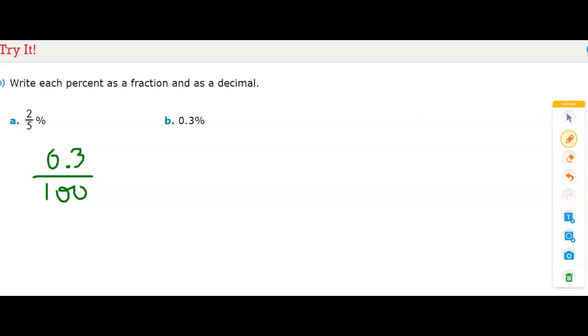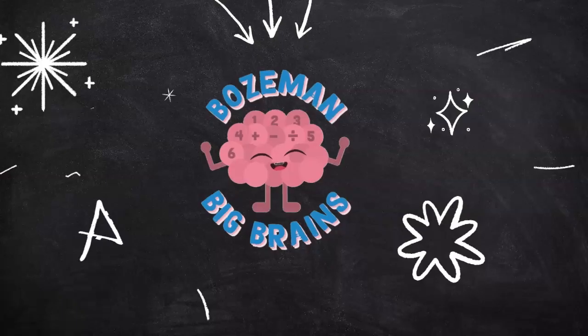This is just the easiest way to do this. To the left 2 spaces, so that means our decimal for that percentage would be 0.003, so that's 3 thousandths, and as a fraction, that would be 3 over 1,000 because that 3 is in that thousandths place.